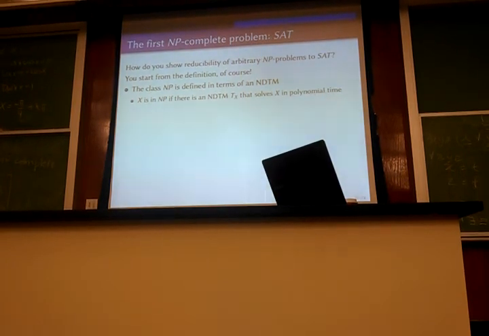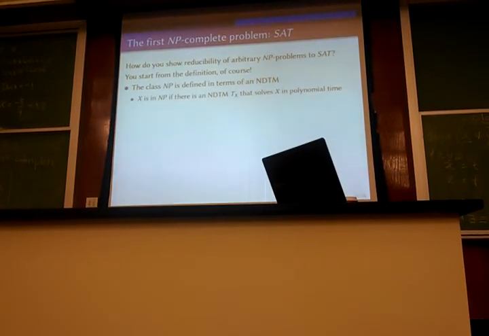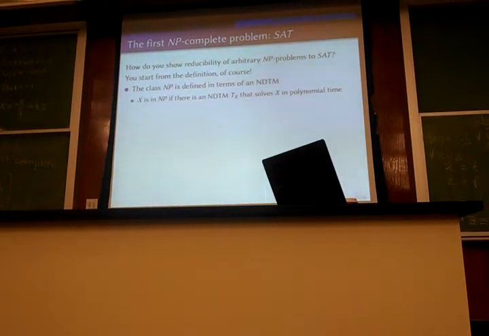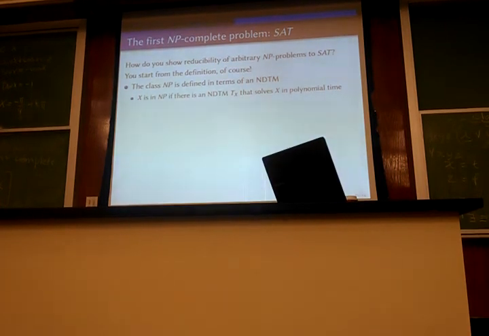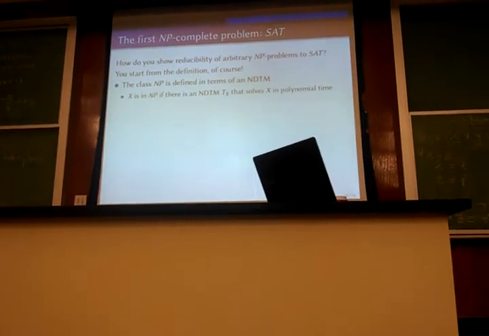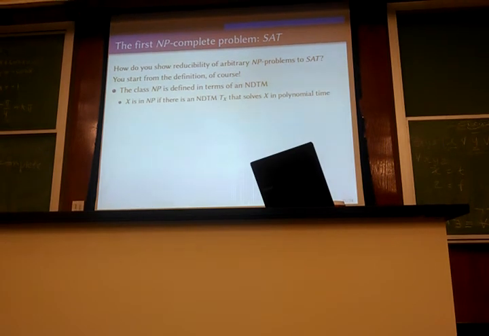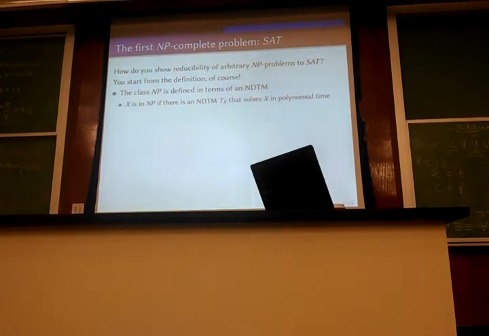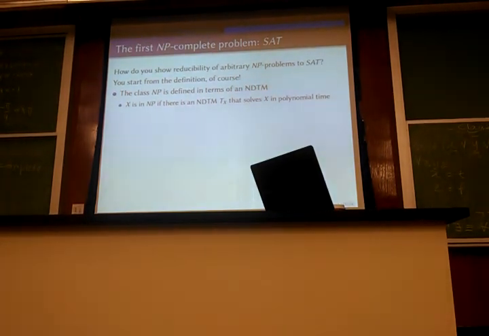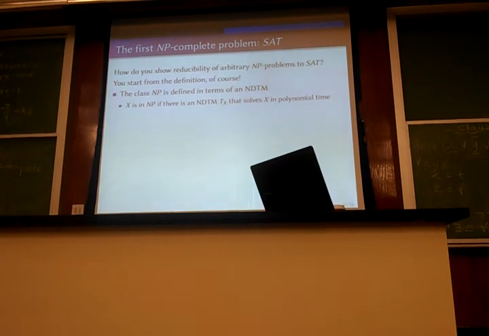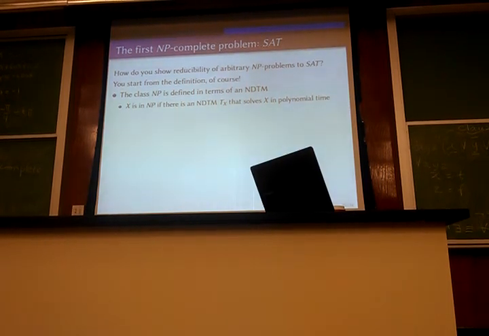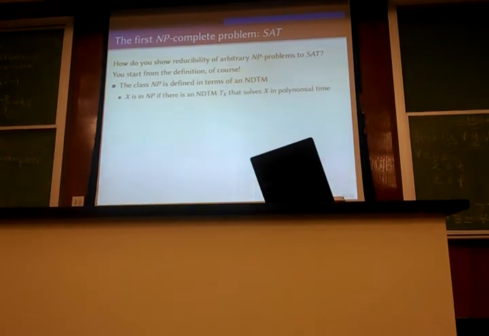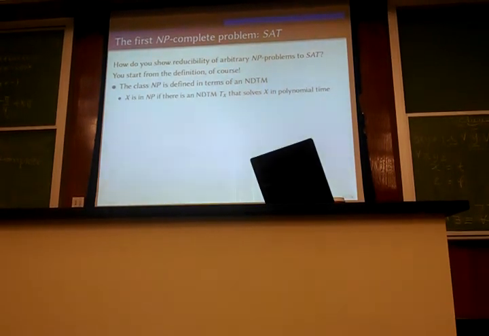There is a transition function that's specified, a delta. Suppose I can take this transition function and convert it into a Boolean formula, such that if this non-deterministic Turing machine accepts this input, then the corresponding Boolean formula is satisfiable. If I can make that connection, then I have my NP completeness proof.